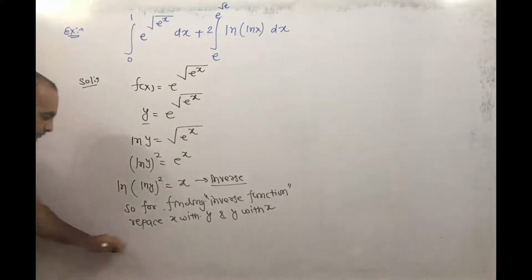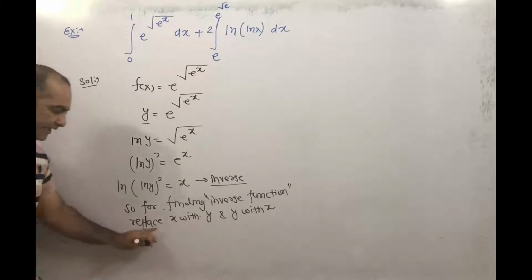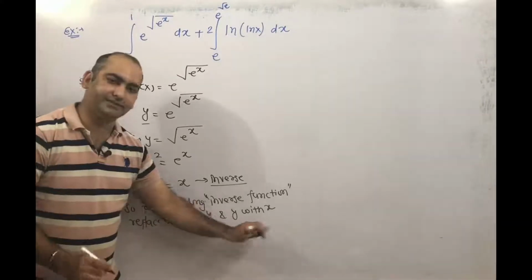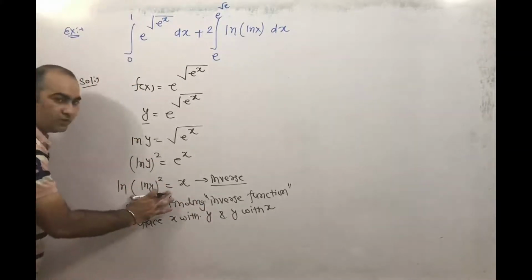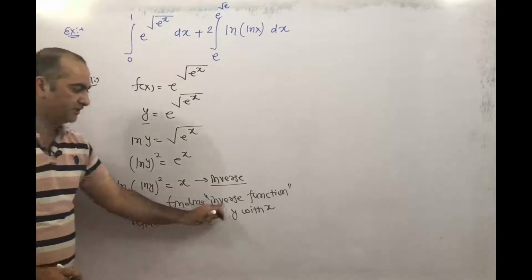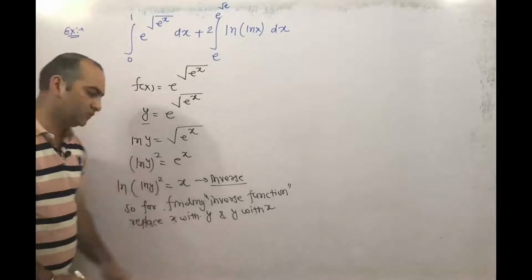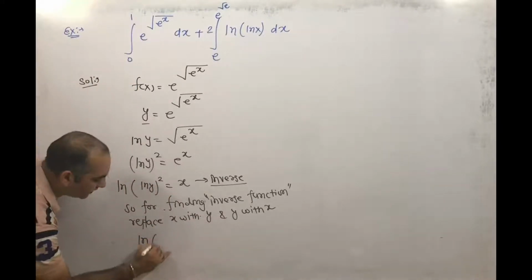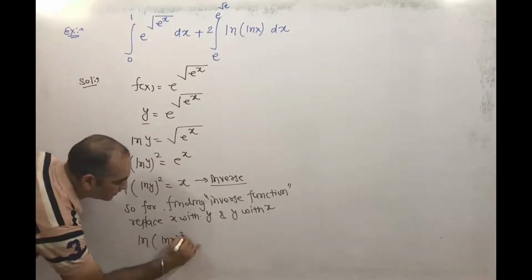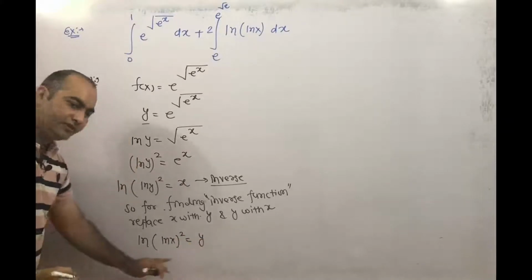So this is your inverse, but we want the inverse function, so we replace x with y and y with x. What will come here? ln of (ln x whole square) equals y. So this is your inverse function.